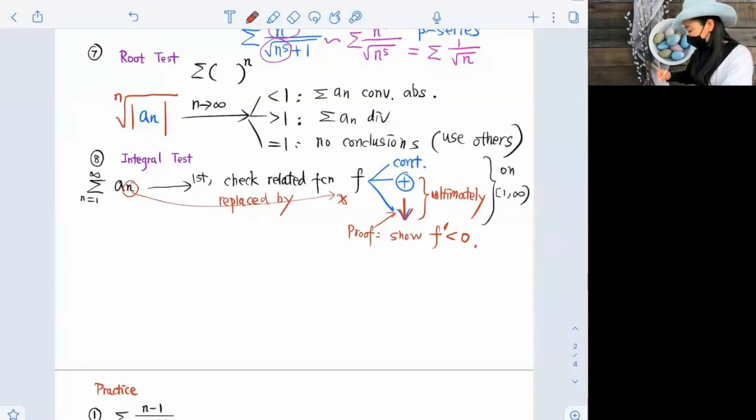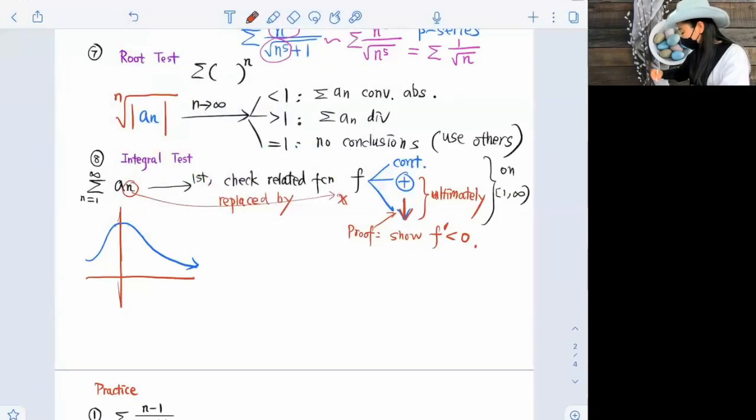Let me try to explain this with a picture. Here is the graph of a function that first increases and then decreases. Decreasing ultimately just means that from some index on, this part here is always decreasing.